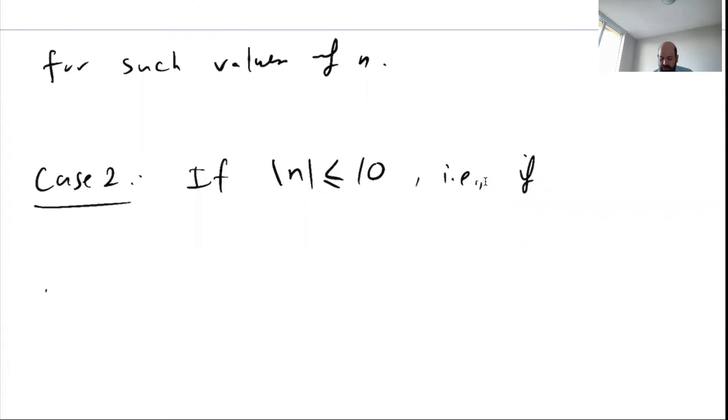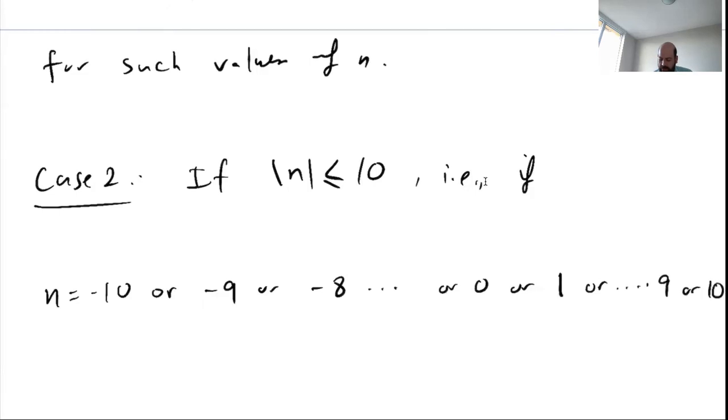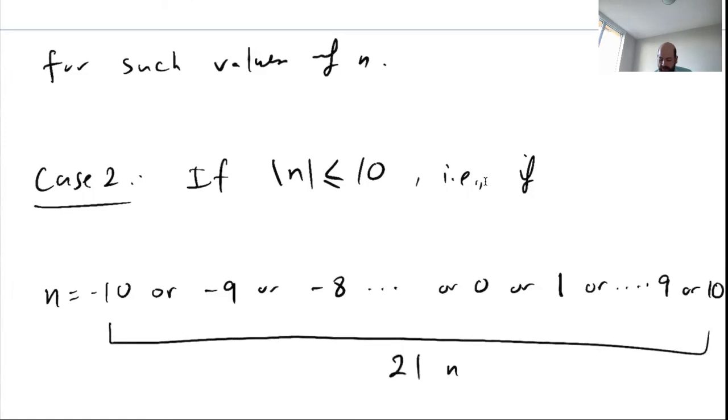So case 2, if the absolute value of n is less than or equal to 10, i.e. if n is equal to minus 10 or minus 9, or minus 8, ... 0, 1, ... 9, or 10. So how many numbers are here? 21 numbers.